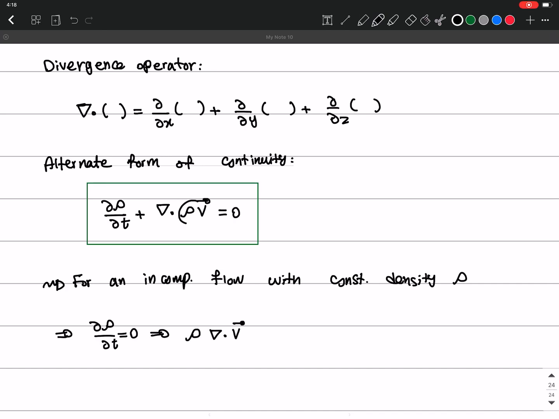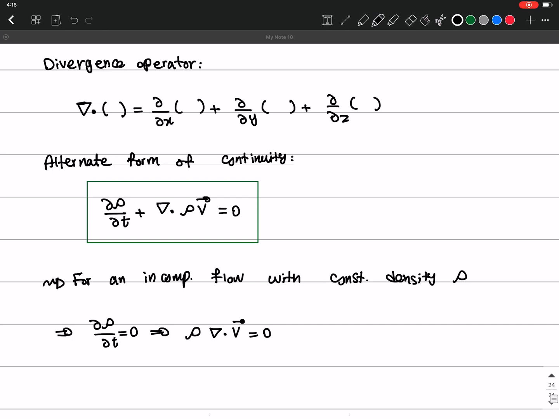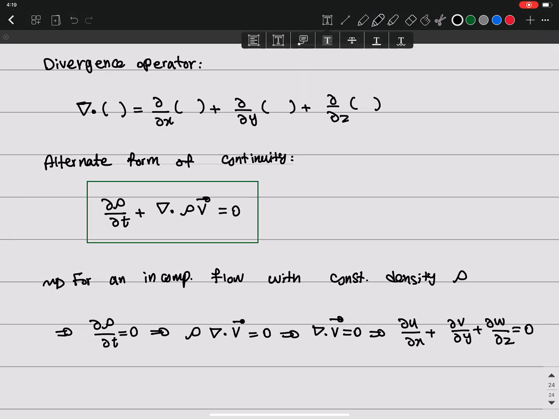I can bring this rho out because this is constant, right? Equals to 0. And so this means that divergence of velocity should be 0 for an incompressible fluid or flow. So this means partial u over partial x plus partial v over partial y plus partial w over partial z should be 0 for an incompressible fluid or flow.